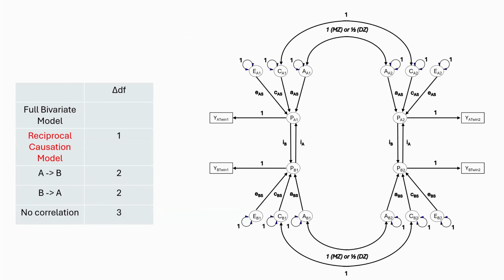It's then possible to test the fit of the reciprocal causation model against the more general full bivariate model using a log likelihood ratio chi-square test with 1 degree of freedom. We can then test whether it is possible to drop one or the other causal path from the reciprocal model.